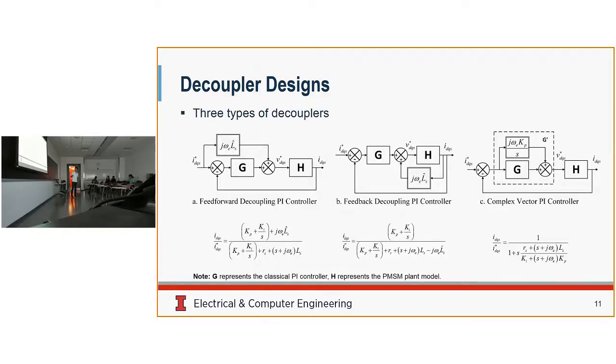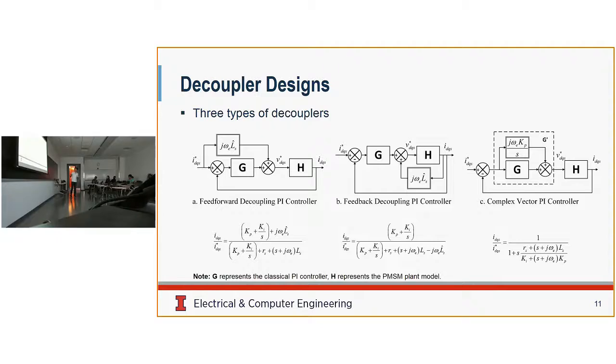The corresponding transfer function is here, and we can show that it's actually adding an imaginary component to the denominator, so that the effect can be reduced. The other is feedback decoupling, where we use the measured current to subtract from the coupling term, and we get this transfer function.